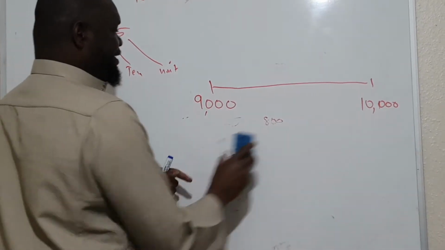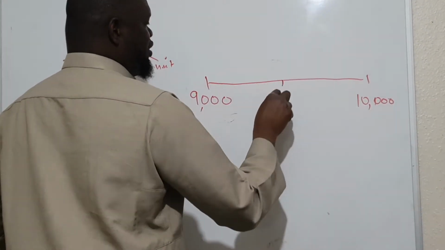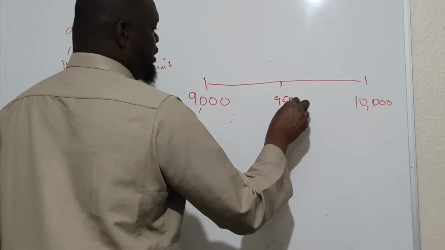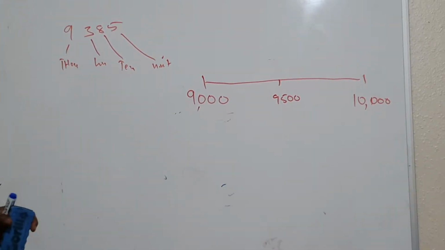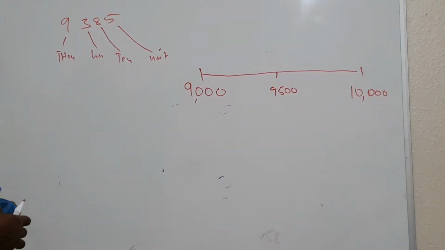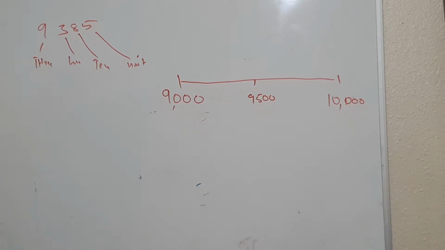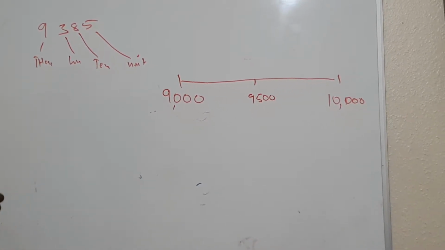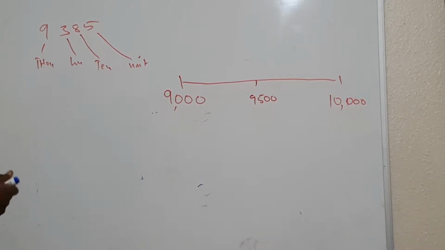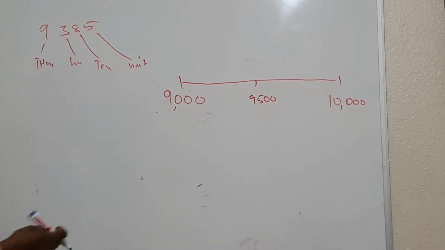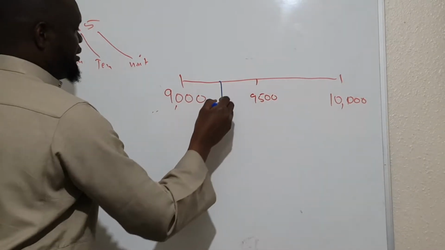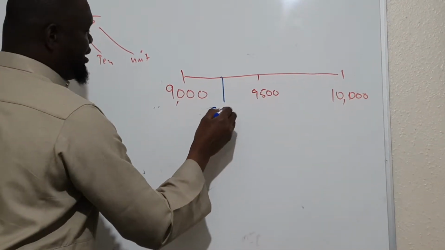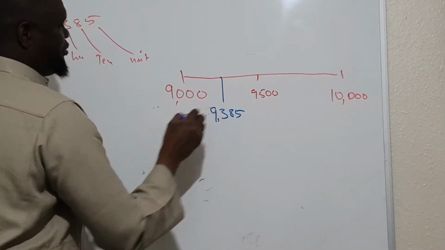Now, our test will be the middle again. That will be 9,500. Now, let's look at our number. Where does it fall? Towards 9,000 or towards 10,000? Towards 9,000 because it's less than 9,500 in it. Yes. So our number will be here, 9385.